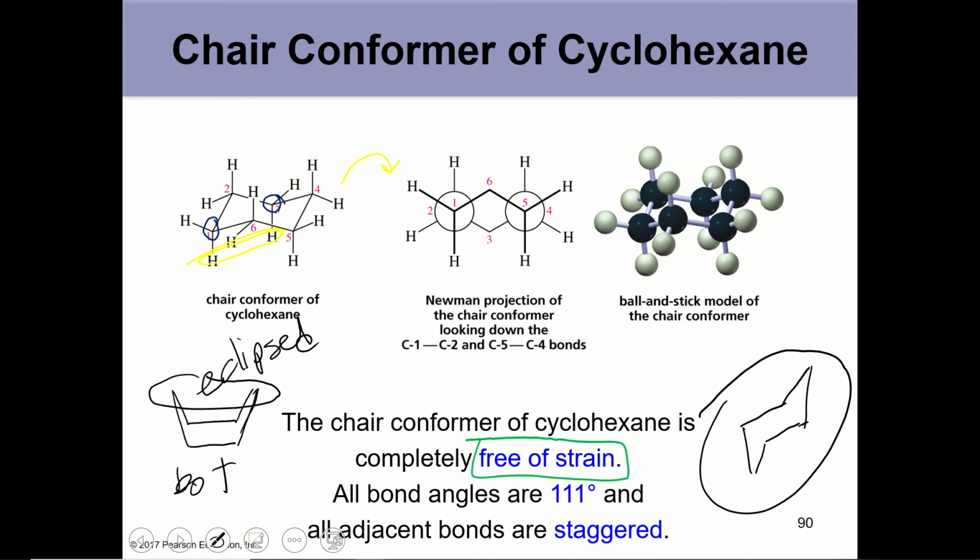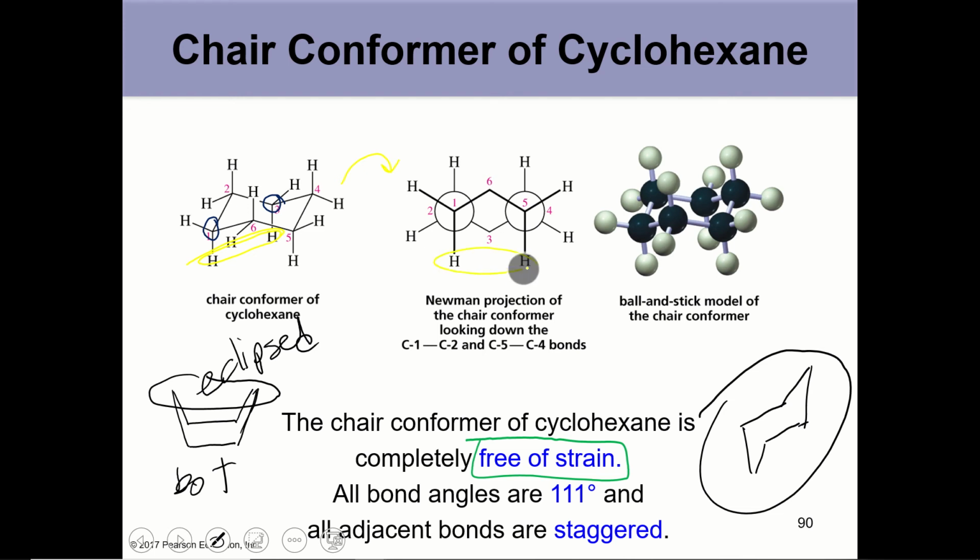In this Newman projection, you can clearly see the hydrogens that are 1,3. So not only is the hydrogen sticking down on carbon 1 1,3 to the hydrogen on carbon 3, it's also 1,3 to the hydrogen on carbon 5.